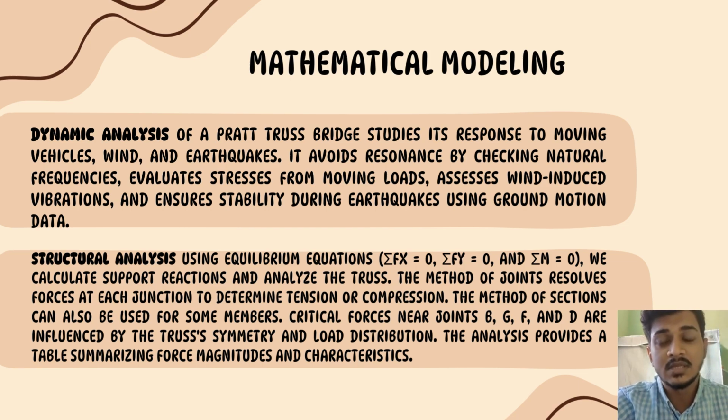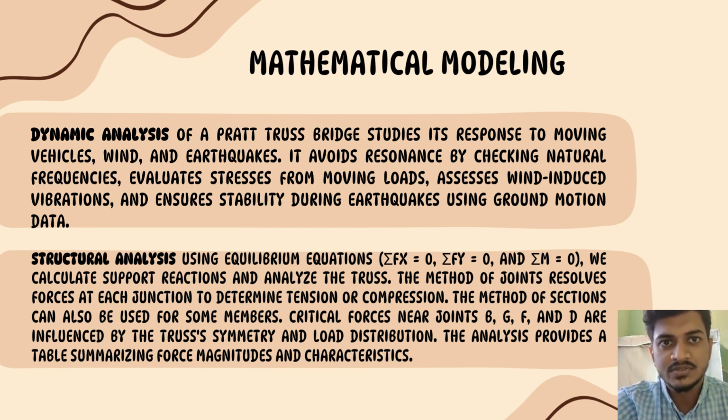Then we can see the structural analysis, which is also very important for any bridge. Using the equilibrium equations, Fx equal to 0, Fy equal to 0, and M equal to 0, we can calculate the support reactions and analyze the truss. The method of joints resolves the forces at each junction to determine tension or compression.